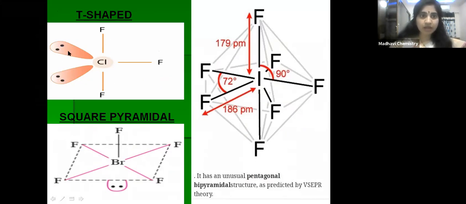Whereas XX'5 type, BrF5, has a square pyramidal structure with one lone pair of electrons. IF7 has a pentagonal bipyramidal structure because five fluorines are in the plane and two fluorines are axial.